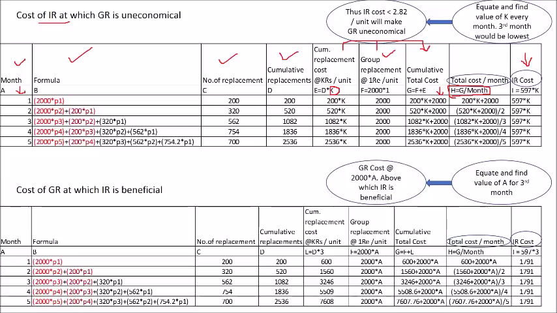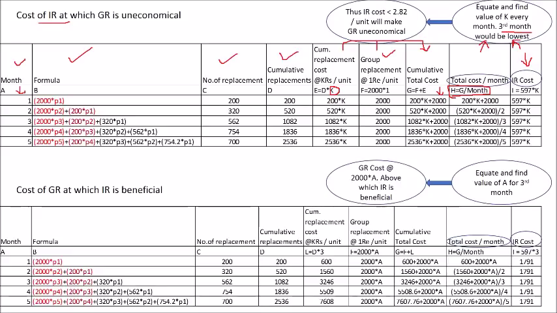So if I equate these two columns, of course the third month will have the lowest, because already we have seen the third month has the lowest cost of group replacement.